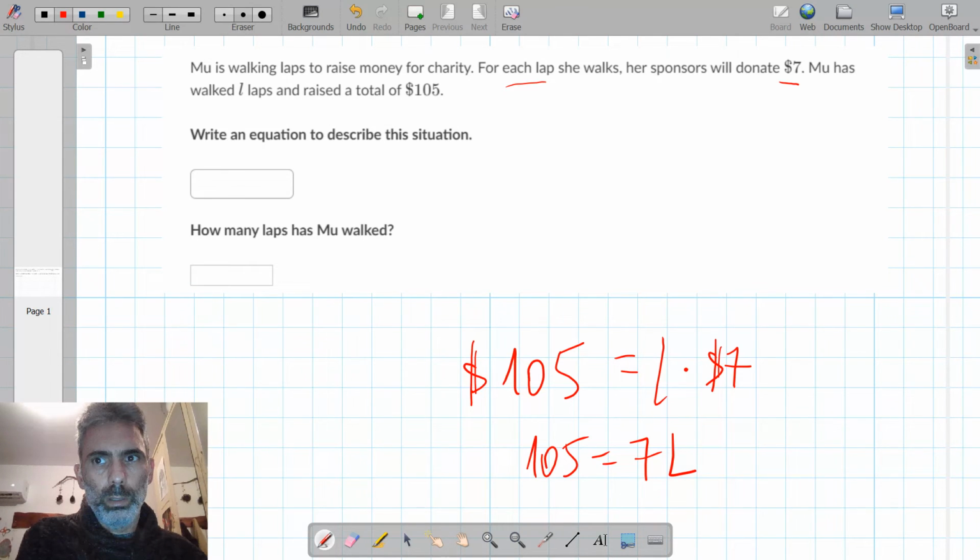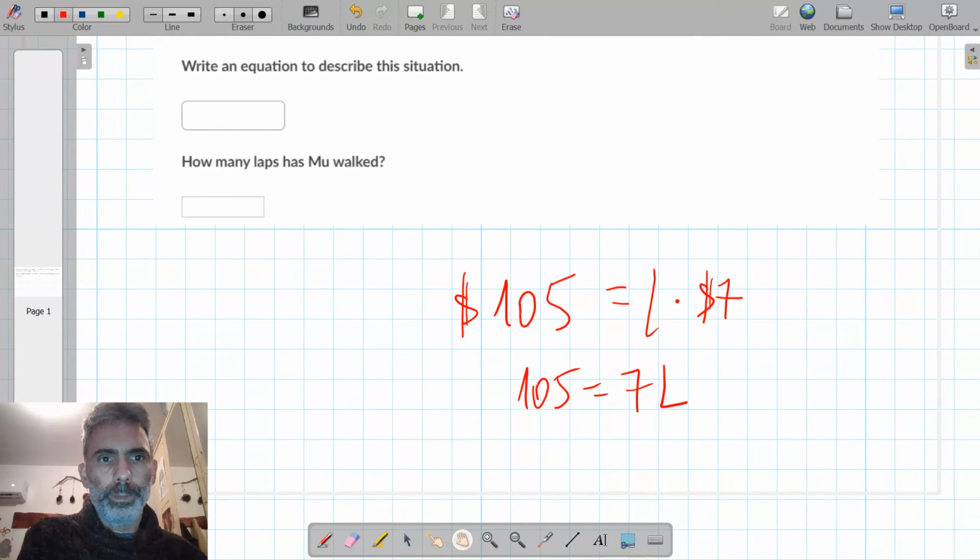And how many laps did she walk? In order to isolate the L, we need to divide both sides of the equation by 7.